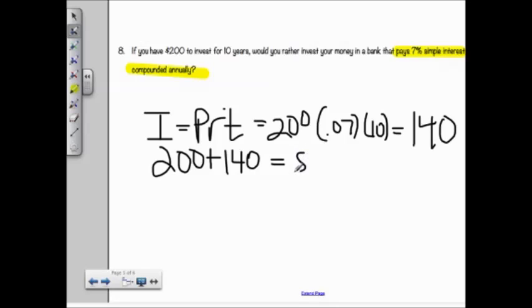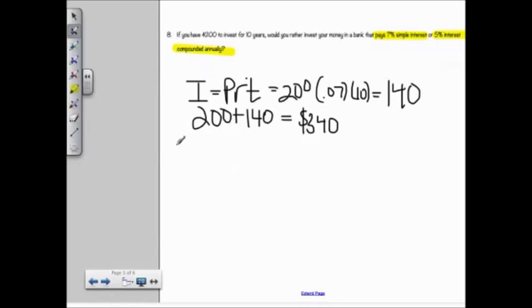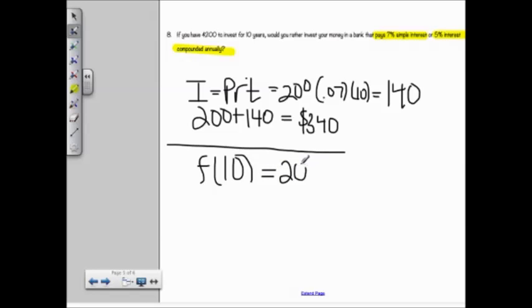Okay? I need to figure out now how much I would get if I invested this money at 5% interest. So let's go ahead and see what we would do for that one. I'm going to figure out what f of 10 is when the principal is 200 multiplied by 1 plus the rate.